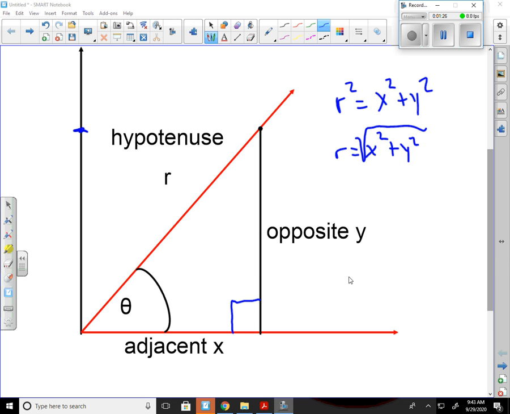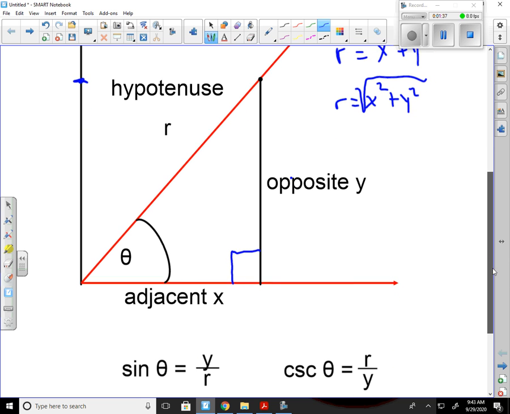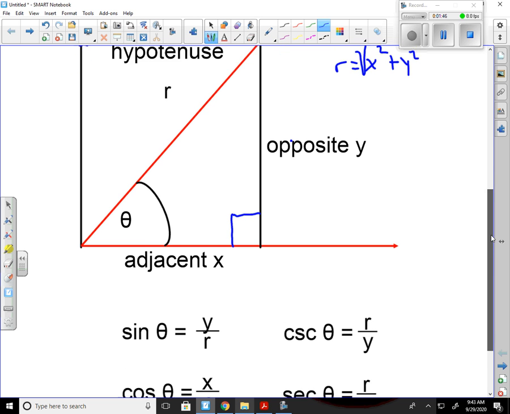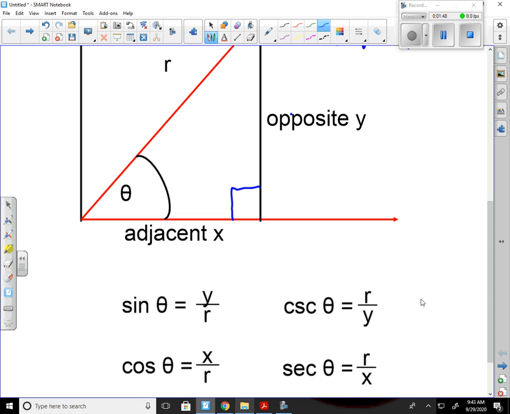So the first function would be the sine function. The sine would be opposite over hypotenuse, which is r, so y over r. Cosecant would be r over y, hypotenuse over opposite. Cosine would be x over r.